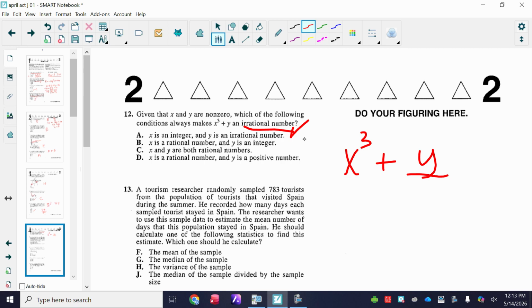It's got to make an irrational number, and B, C, and D don't come close to that. D is a maybe, X is a rational number, and Y is just any positive. Well, if it has to be, then it's no, but it could be an irrational.